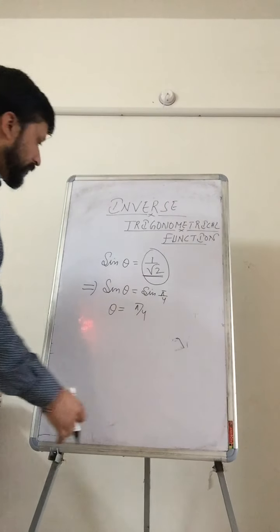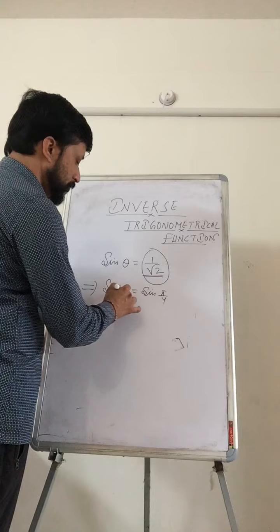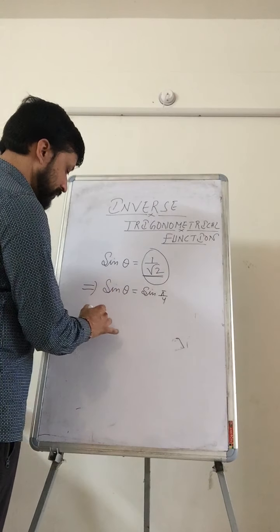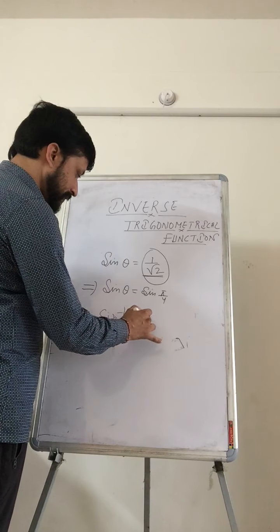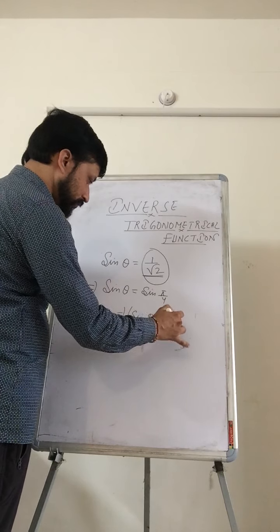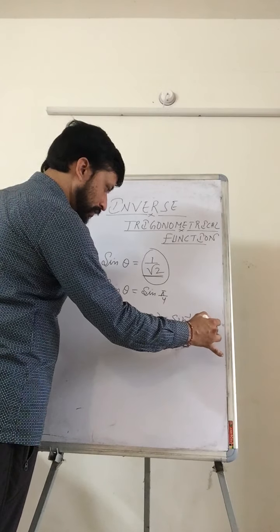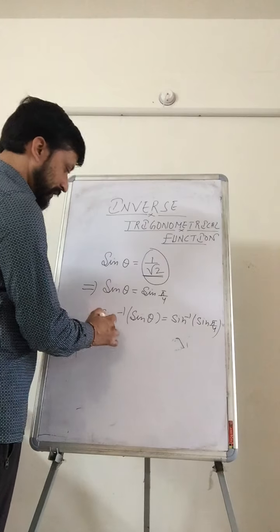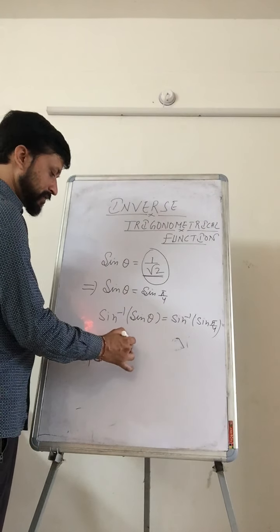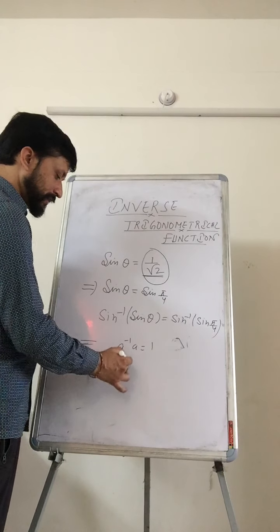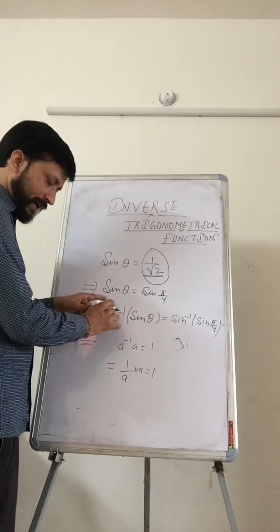But actually we will not write in this way. We will use a mathematical operator, the trigonometric operator called inverse. Here, sin inverse of sin theta equals sin inverse of sin pi by 4. So you can cancel this and this, because you know that A inverse A equals 1, but you don't have to show that.